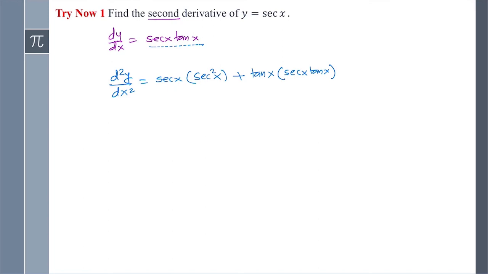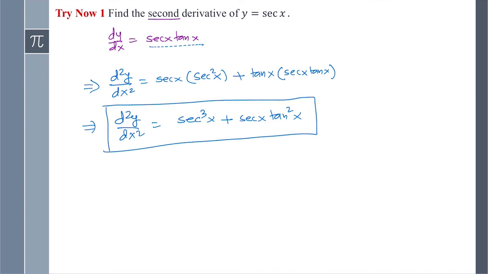Now let's multiply this and see what we get. d2y over dx2 equals secant cubed x plus secant x times tangent squared x. Now if you factor out secant x, you get secant squared plus tangent squared, but that's not really going to help us simplify further. So we'll just leave this one right here.